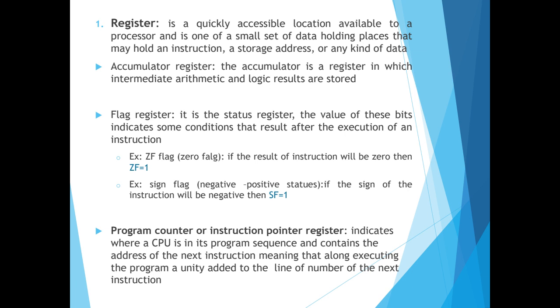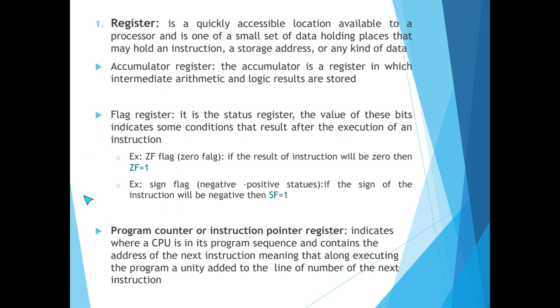Accumulator register is a register in which intermediate arithmetic or logic results are stored. We have the flag register, which is a status register, and the values of these bits indicate some conditions that result after execution of an instruction. For example, about the ZF flag register, if the result of an instruction after executing is 0, then the ZF flag would be equal to 1.